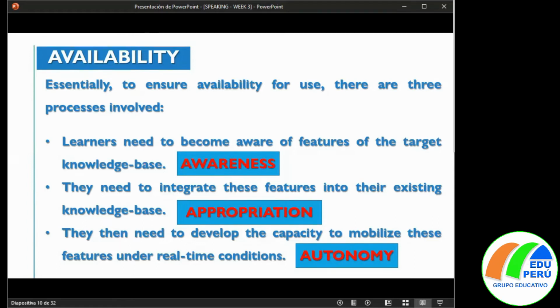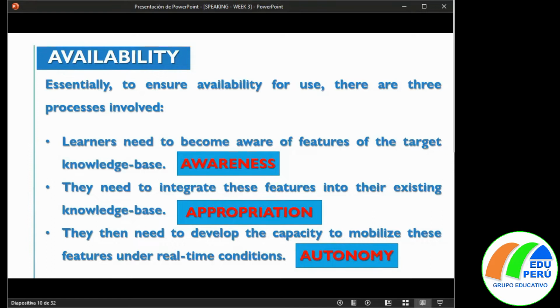So we call this appropriation. Remember, the general meaning of appropriate is to make something yours, right? No, it's yours. No, this is mine. It's not yours. So you make something personal to you, right?